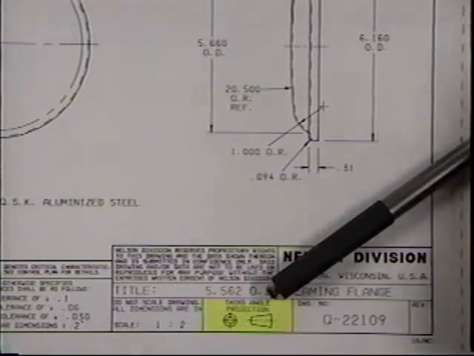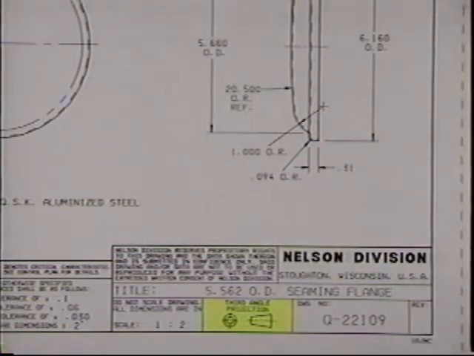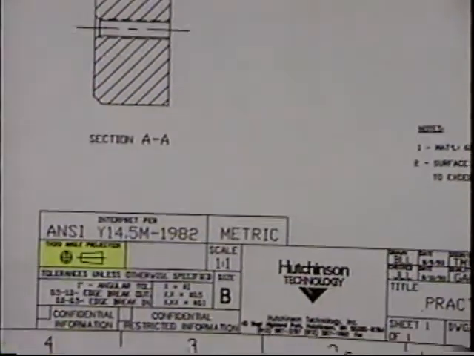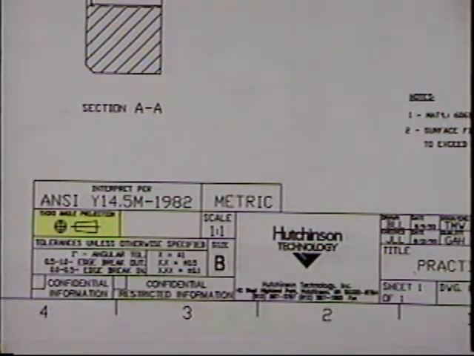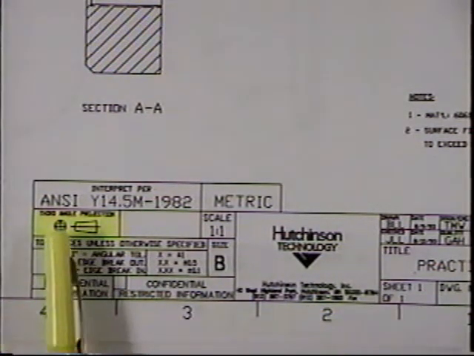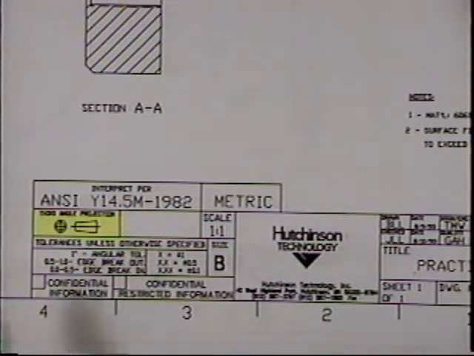Nelson Industries in Stoughton, Wisconsin is one company that manufactures stampings, and their stampings, of course, are illustrated in third angle projection. Another company quite common to the Midwest here is Hutchinson Technology, and Hutchinson Technology also puts the symbol with the two concentric circles and the cone in their title block to indicate third angle projection.